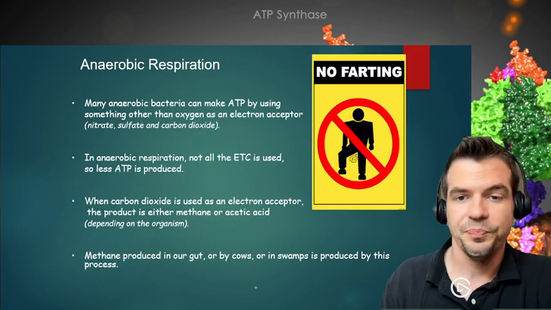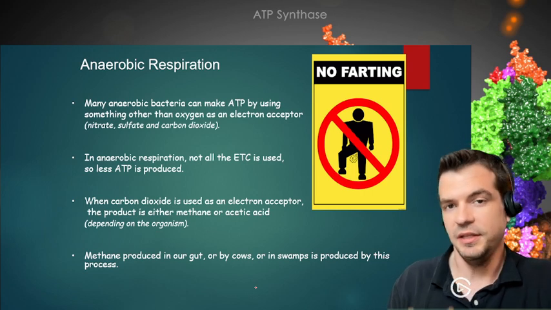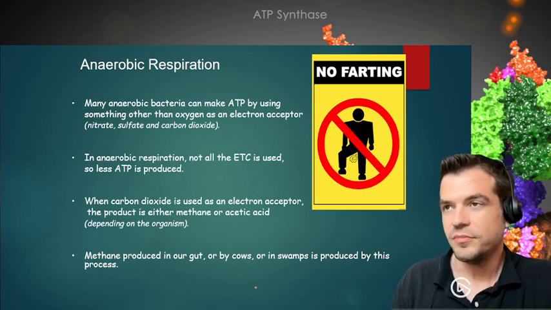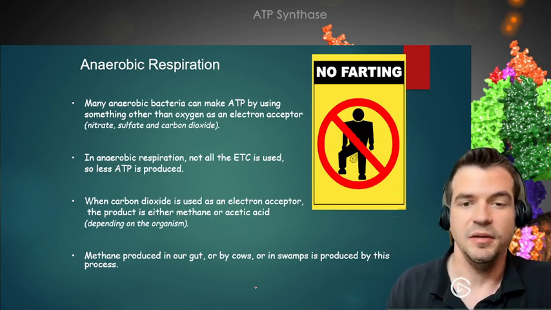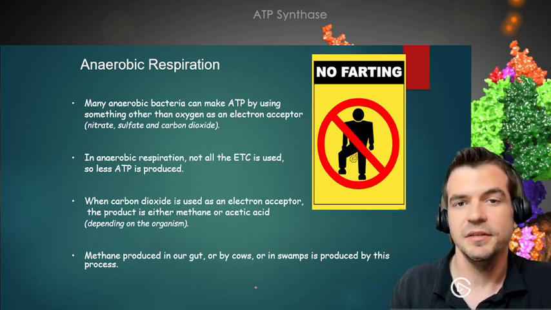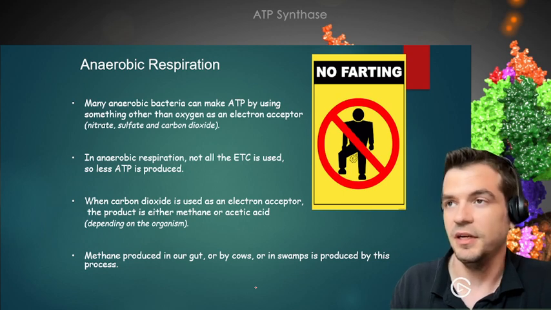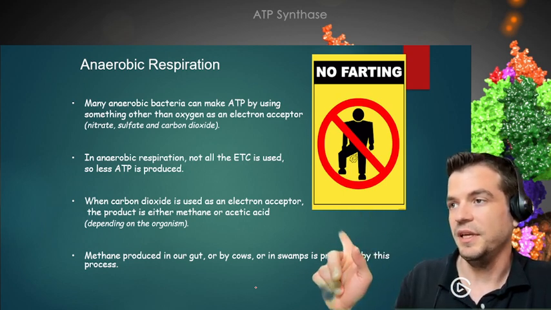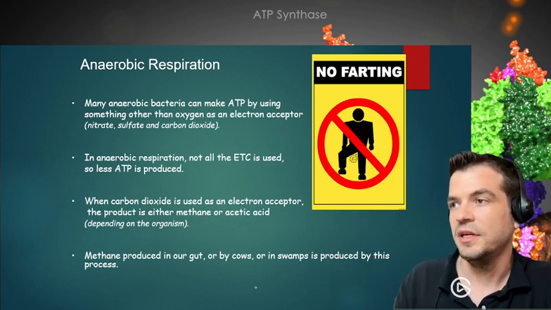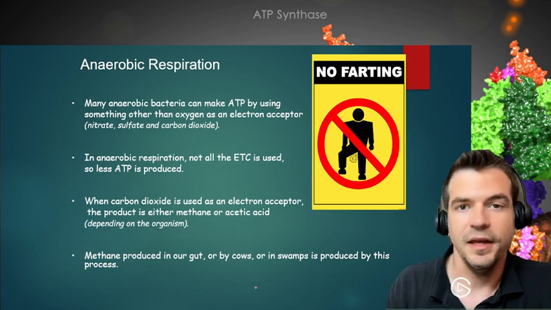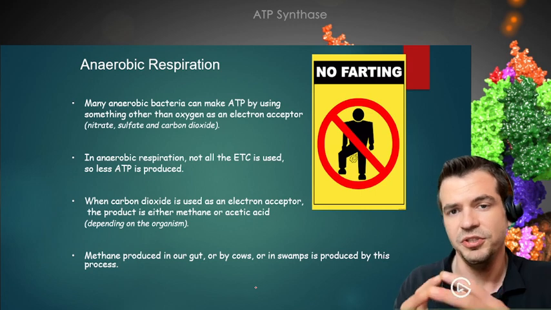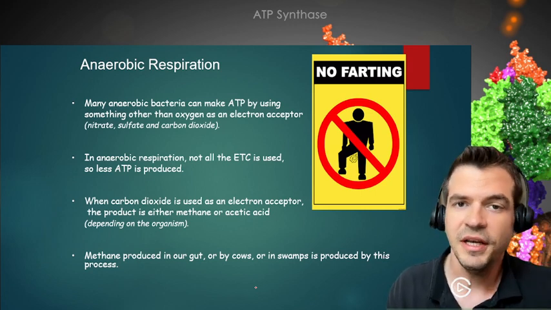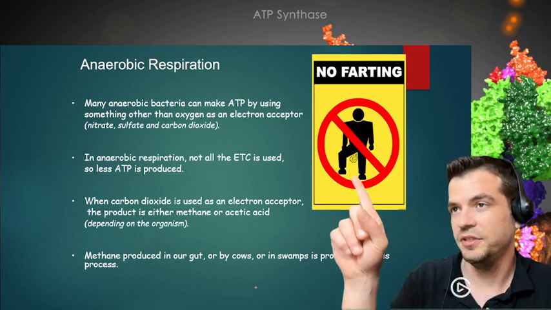I went into it a little bit in the last video, but we have bacteria anaerobically respiring in our guts. It happens in cows also. In their different stomachs, they have these containers just for anaerobic respiration, and usually that produces methane.